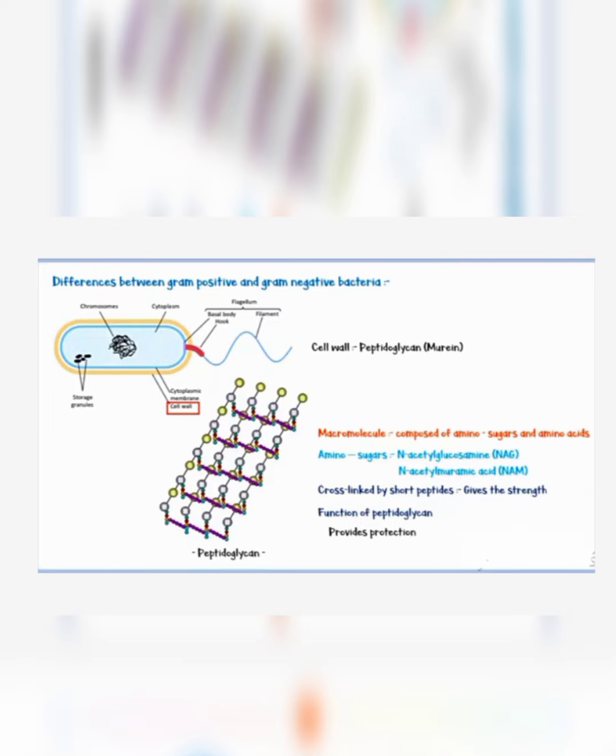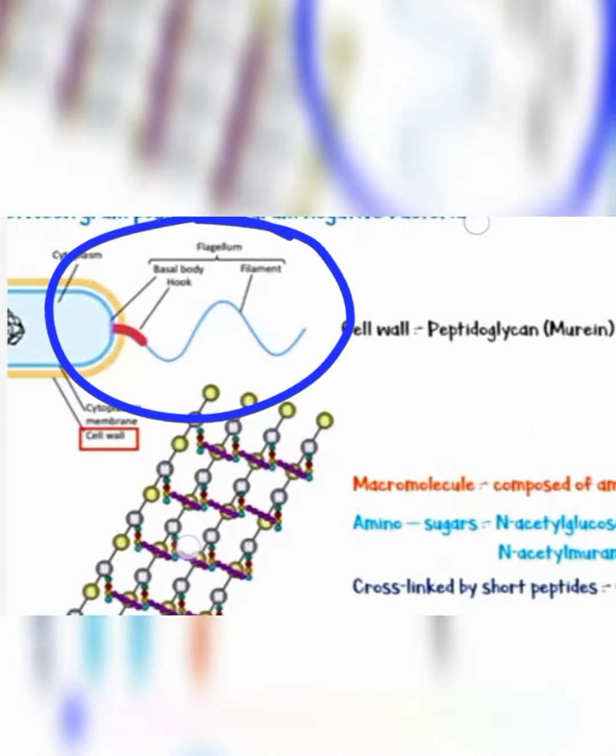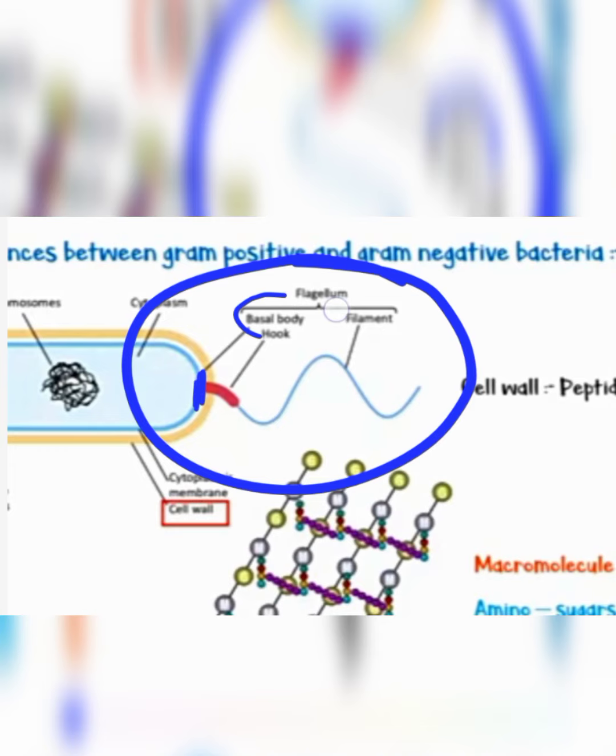Now focus on this picture. I was talking about the flagellum, right? Here you can see how a flagellum looks. This is also a very simple diagram of a bacterium. Here you can see that this is the flagellum. If I zoom in a bit, the area from which it is attached is known as the basal body.